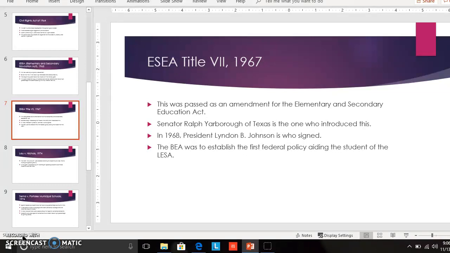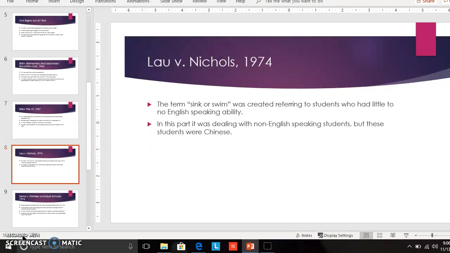It was passed as an amendment to the Elementary and Secondary Education Act. Senator Ralph Yarborough of Texas introduced this, and in 1968, President Lyndon B. Johnson signed it. The Bilingual Education Act was to establish the first federal policy aiding students with limited English.